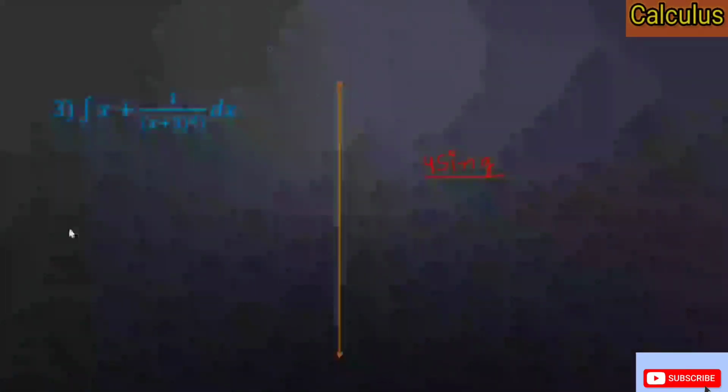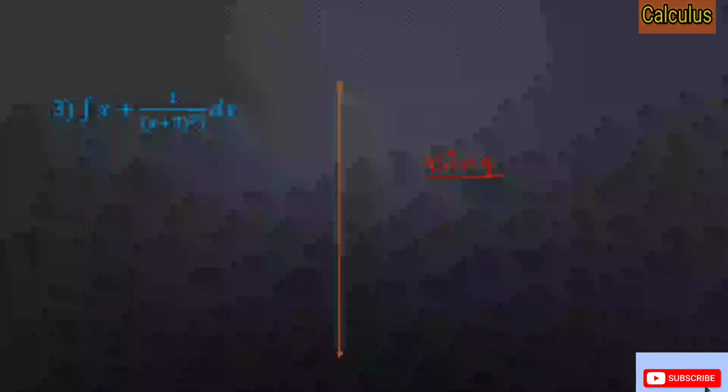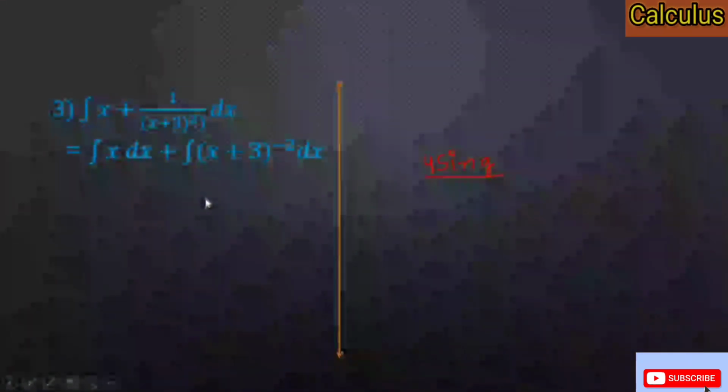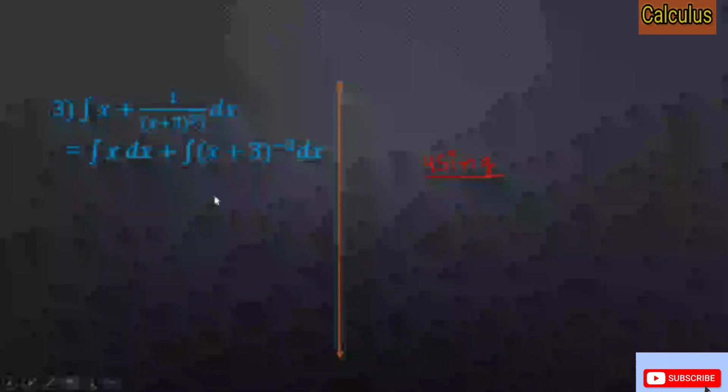In question number 3 we have integration of x plus 1 by x plus 3 whole square dx. You can solve this integration by using the formula integration of ax plus b to the power n. You can write integration x dx plus x plus 3 to the power minus 2 dx.